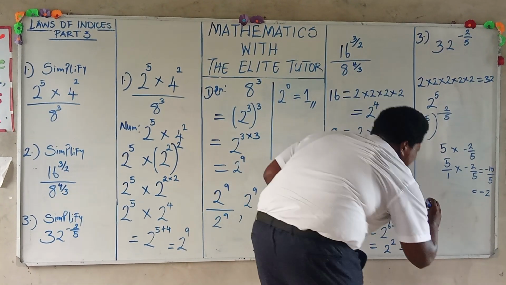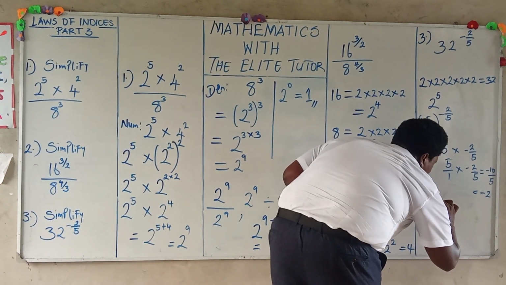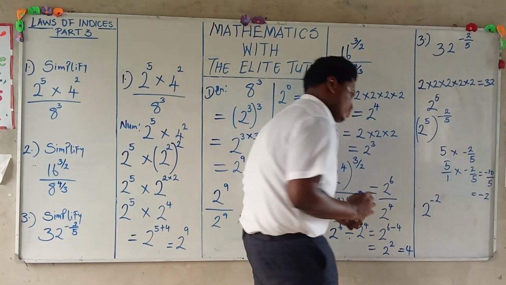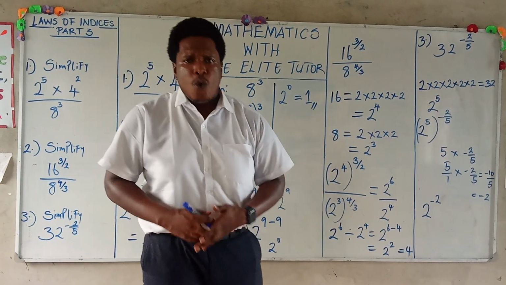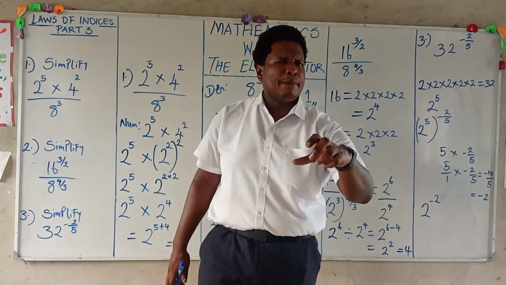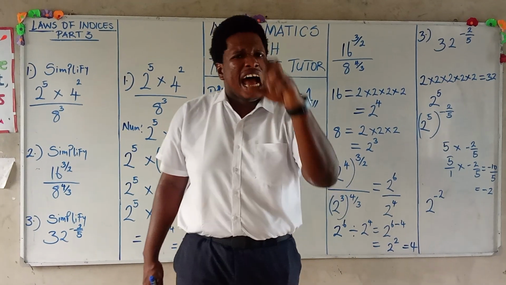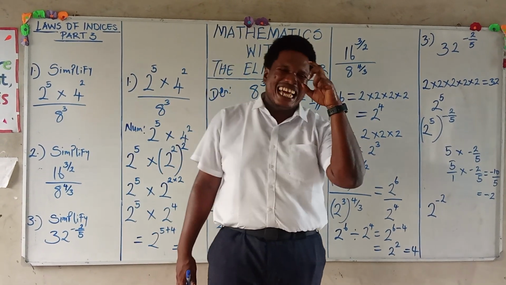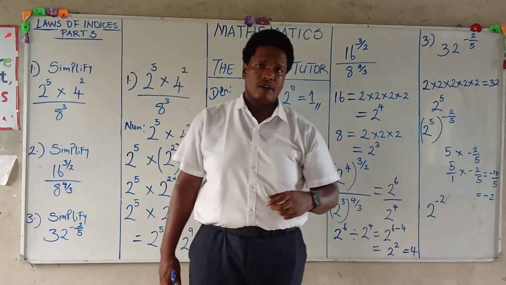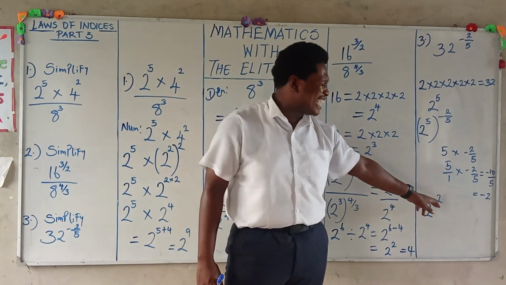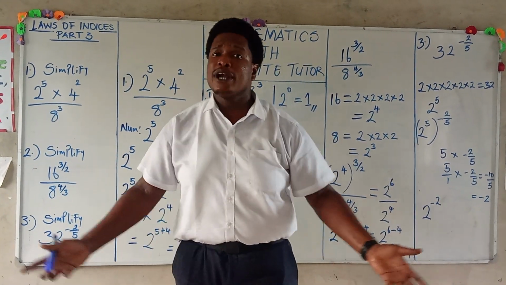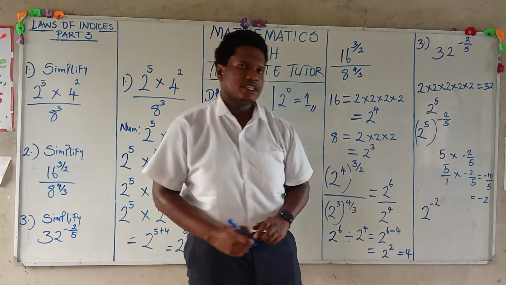So we can now write that this is 2 raised to the power negative 2. At this point, we can comfortably apply the negative index law, where if we want to convert this negative power to a positive power, we use 1 to divide.